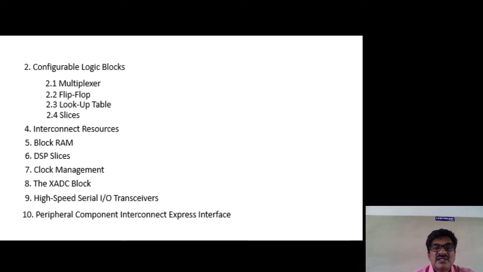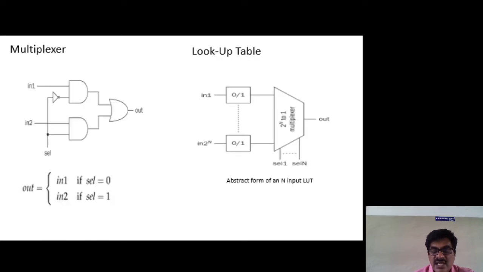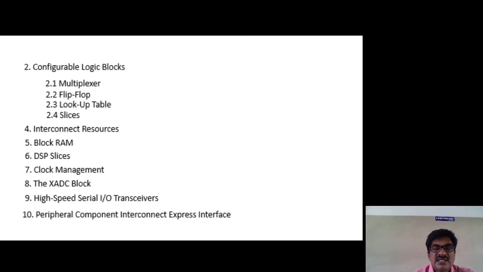Whatever digital circuit we are going to implement on the FPGA is realized through these CLBs. These CLB blocks are the circuits which realize the logic function, and they include multiplexers, flip-flops, lookup tables and slices.